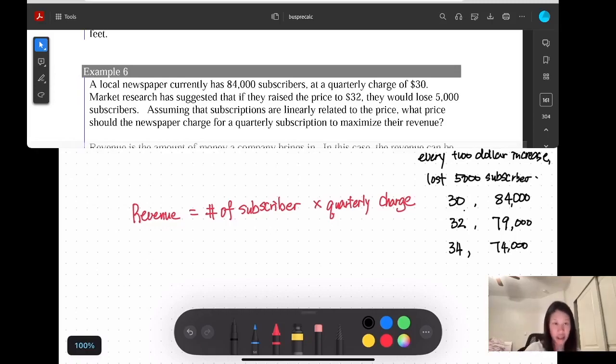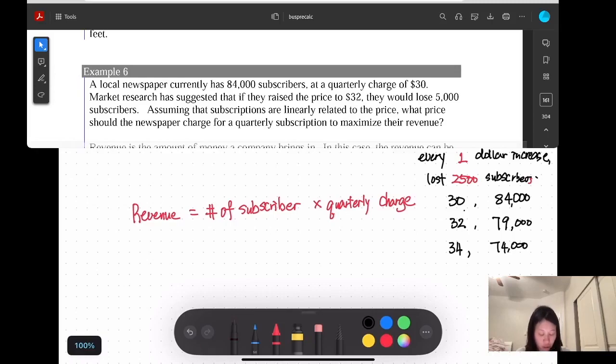So if I want to make it easier, I can say, if I increase $1, what happens? If I increase $1, I will lose 2,500 subscribers. Does that make sense?